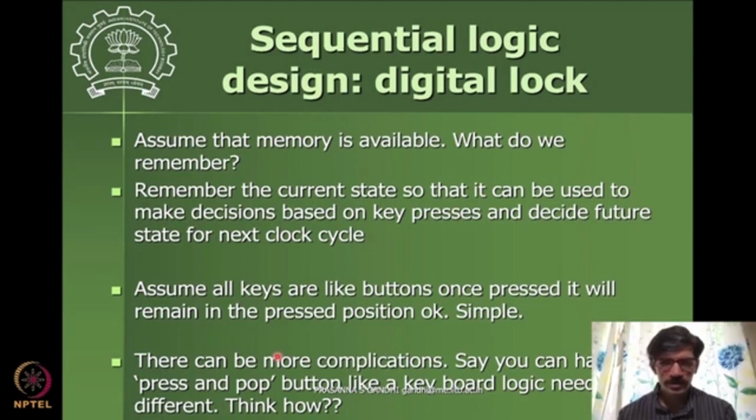Having developed the state diagram, you develop a table around it, saying that key 1, key 2, key 3 are the 3 inputs, and the previous state is another input. And then what we want is the current state. That is the kind of table that we need to develop.